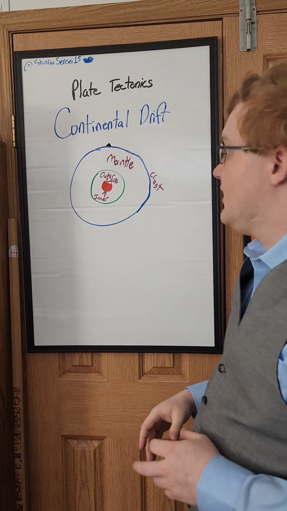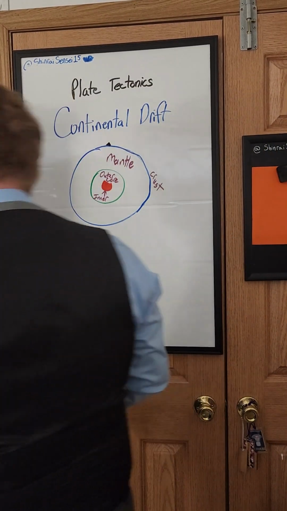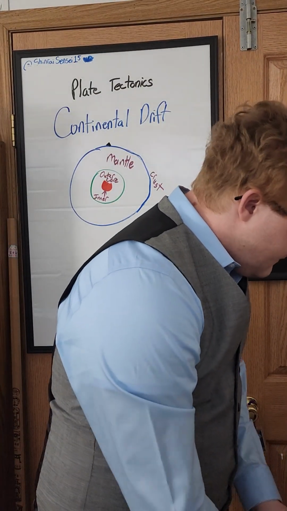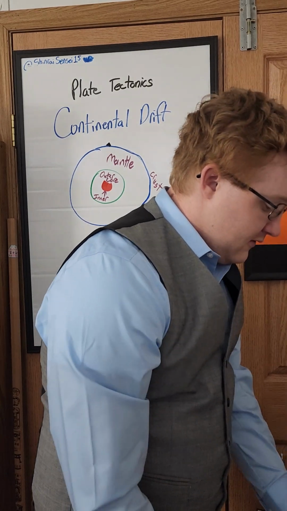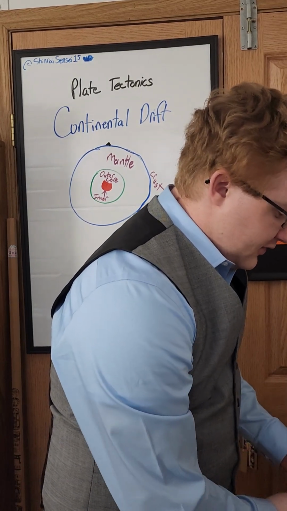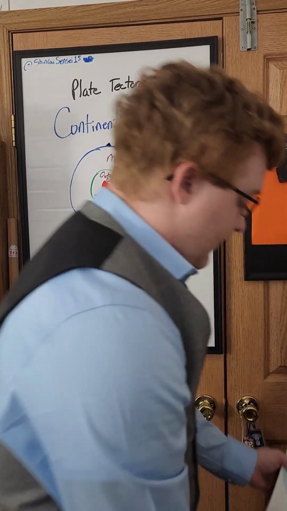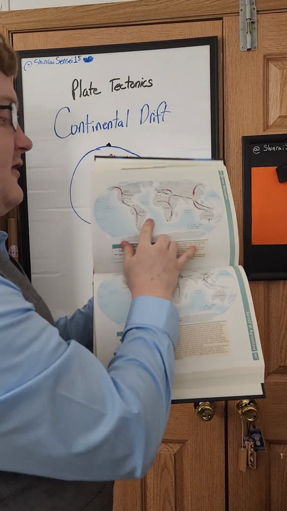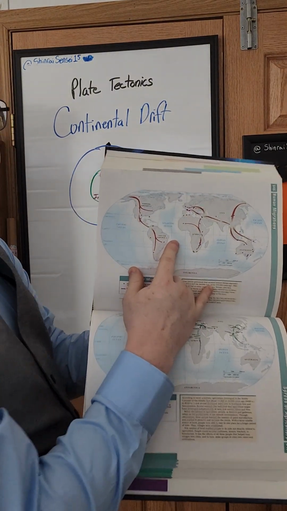And this theory actually came about in no small part because of looking at a map. Let me see if I can hold one up here real quick. Looking at a map of the world, you'll notice that Africa and South America almost fit together like a jigsaw puzzle, right?